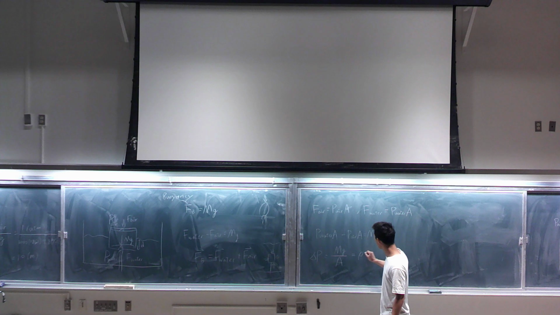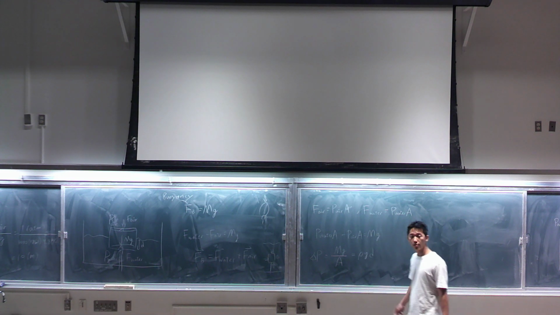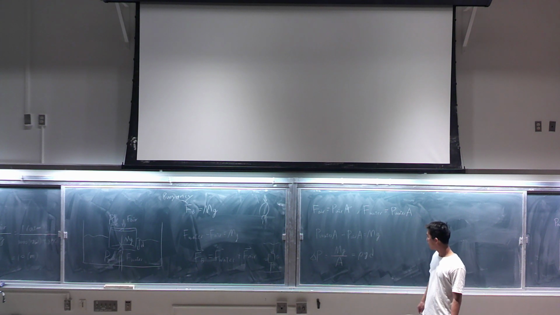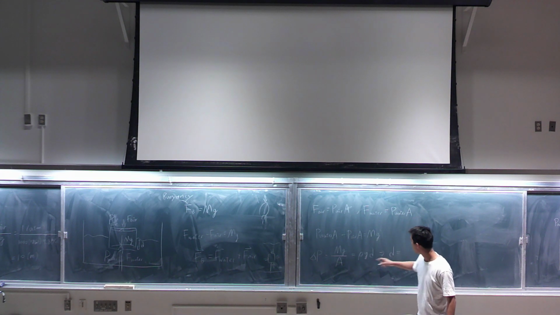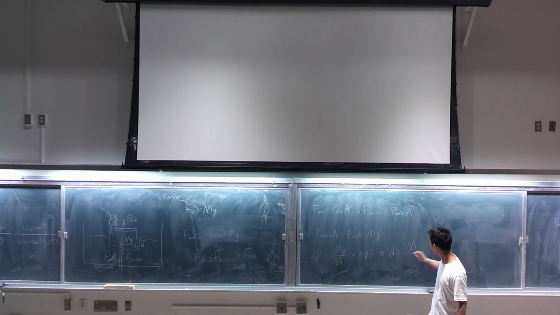So that should be rho g d. So what am I doing here? I get that d should be, g cancels, mass, area, and rho.